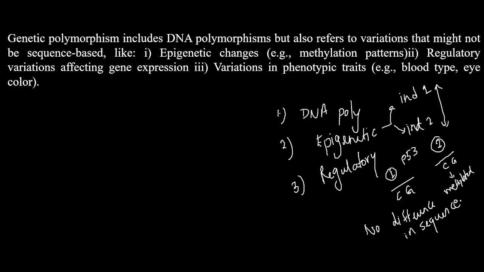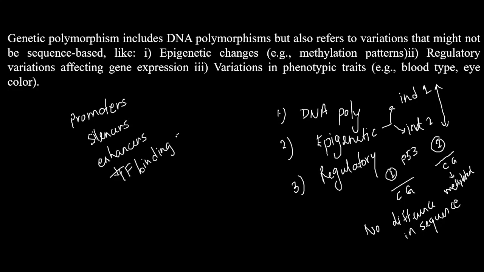Now the other thing is regulatory. Regulatory regions include promoters, silencers, enhancers, and the sites that bind to transcription factors. So what happens if there is any polymorphism in these regions?